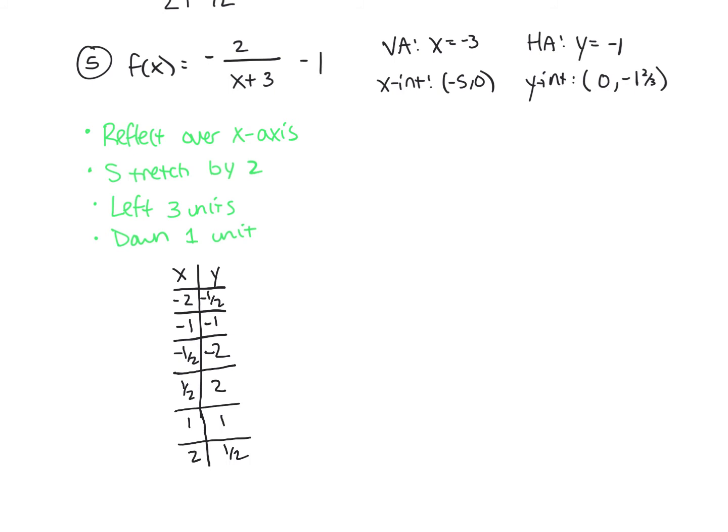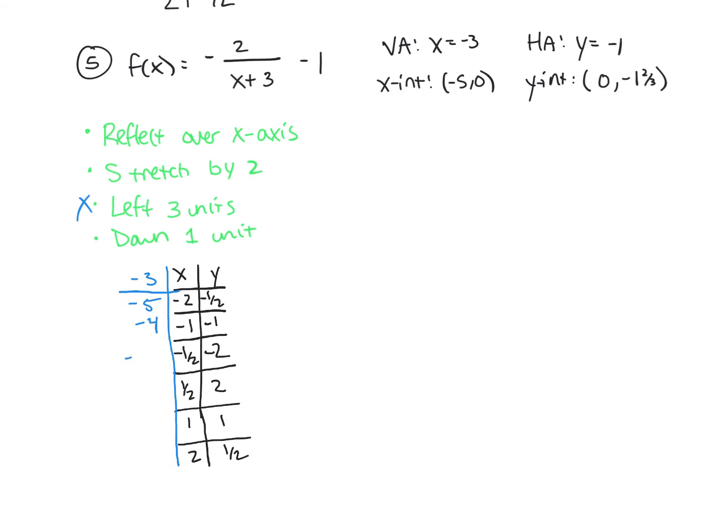Well, when I think about my transformations, I see that moving to the left 3 is the only thing that happens to my x values. So when I take a look at my x values, I'm going to subtract 3 from all of these, so remember to flip that sign. Let's see, -2 minus 3 is -5. Then we'll have -4.